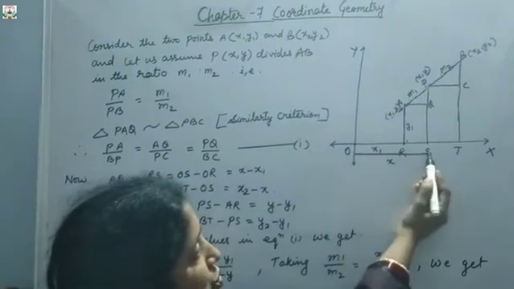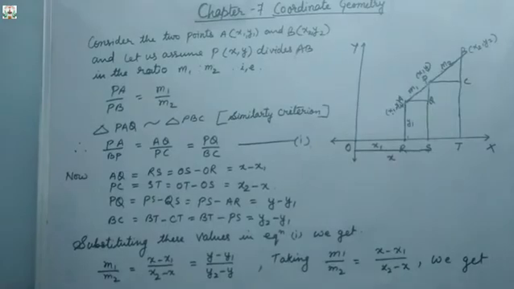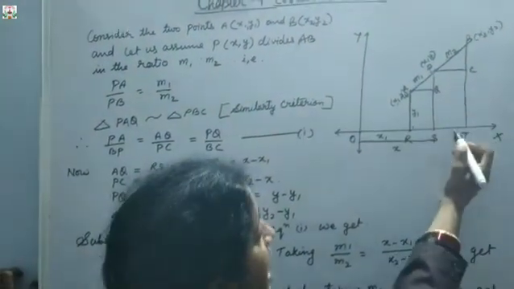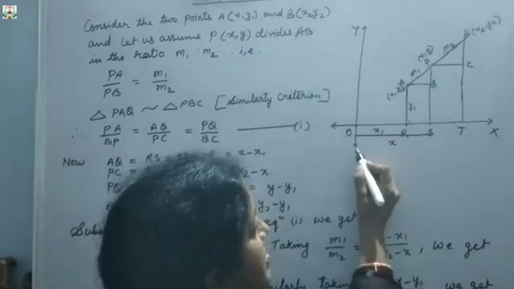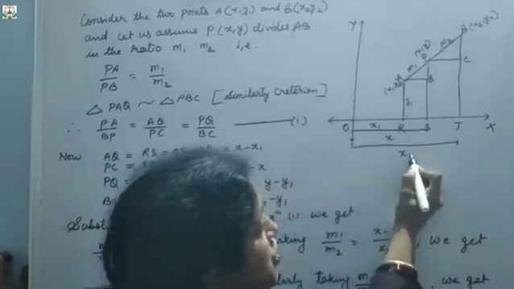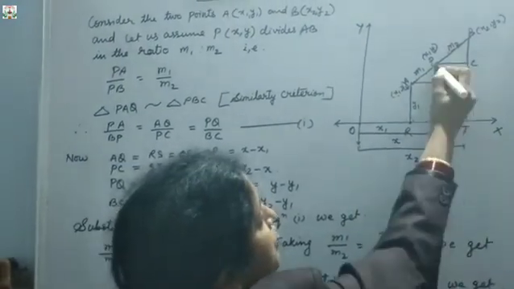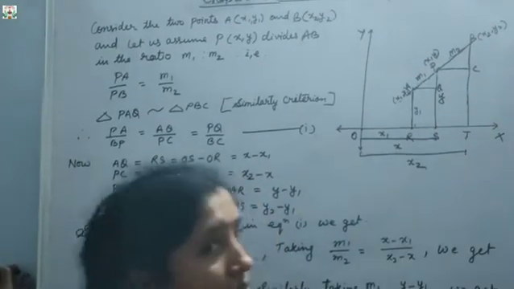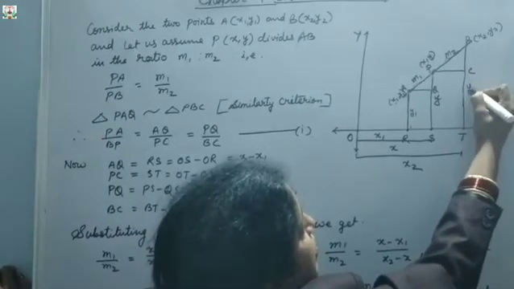After that, from O to T the distance is x2. Same way from here to P, the distance is y, and from T to B the distance is y2.